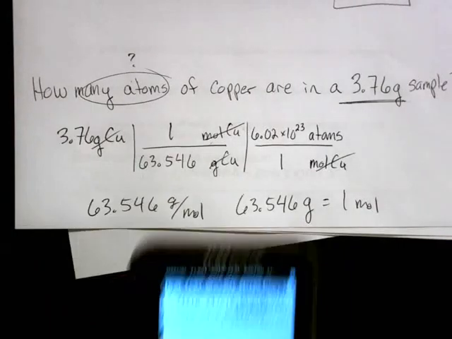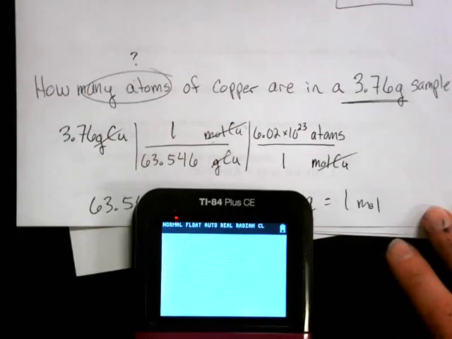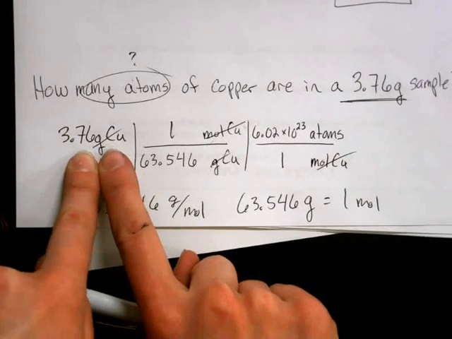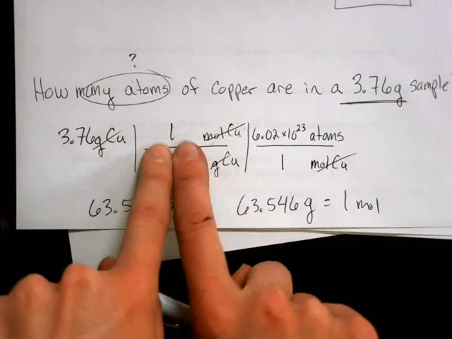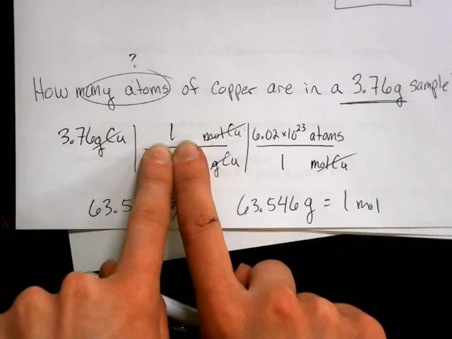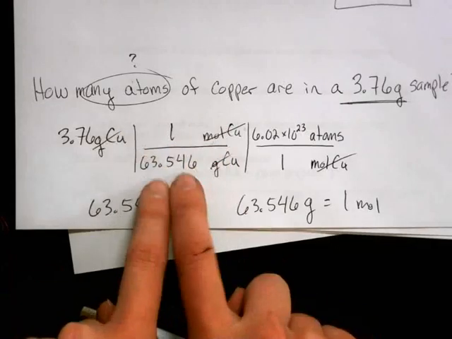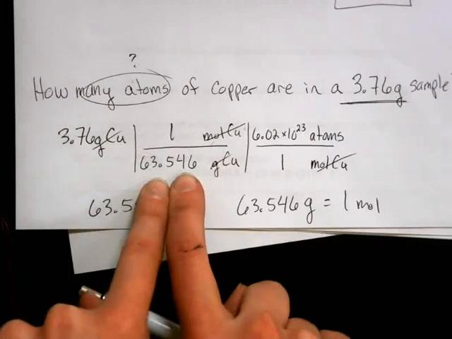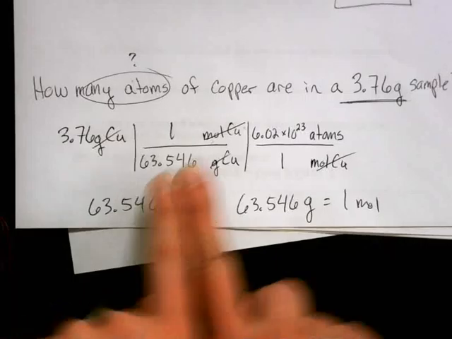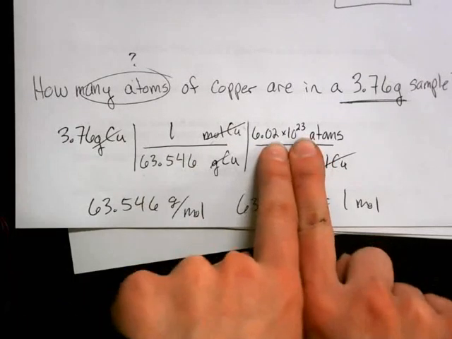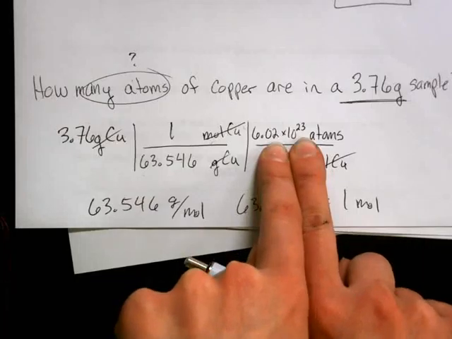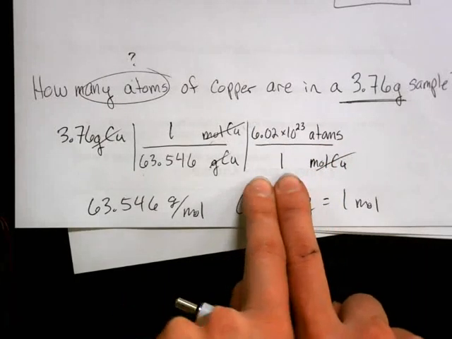When I'm plugging it into my calculator, I'm going to start over here on the left side, plug that number in first, multiply by 1 because it's on the top. Well, anything times 1 is itself. This goes down, so I'm going to divide by 63.546. Then it jumps back up to the top, so I'm going to times by 6.02 to the 23rd.